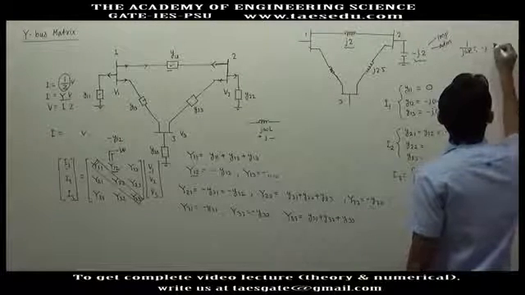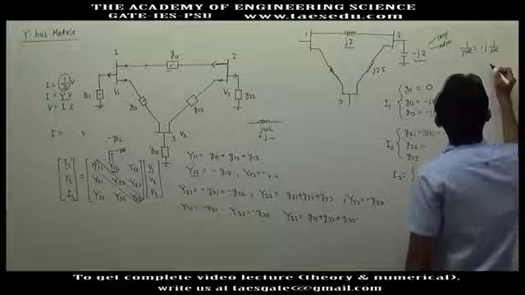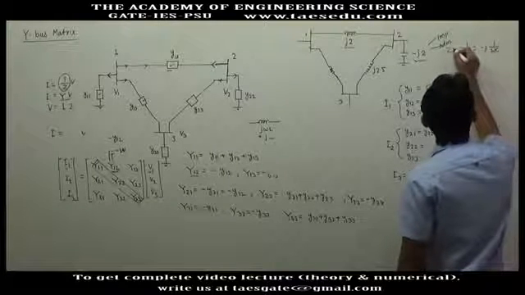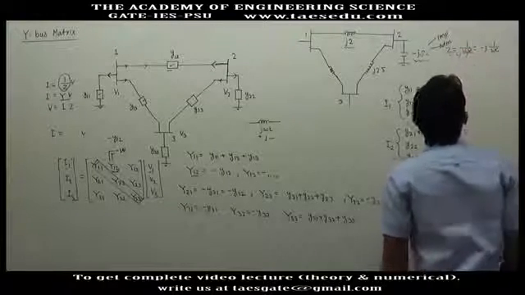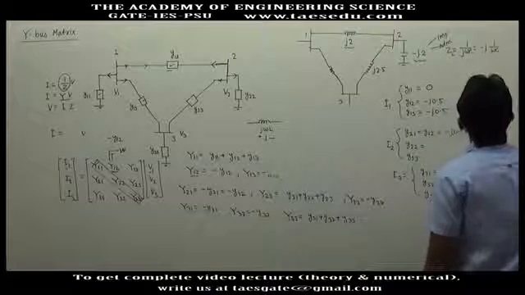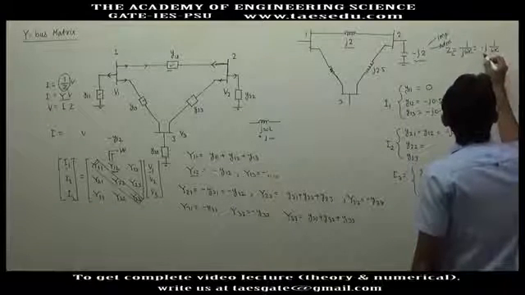This will be minus j 1 by omega c. This is nothing but the impedance of a capacitor. So for a capacitor, the impedance will be a minus j quantity.